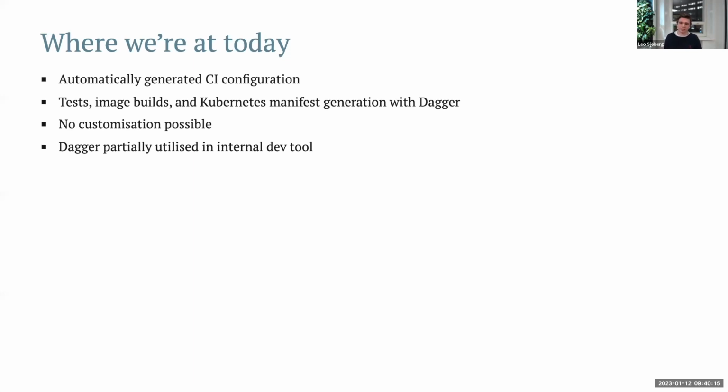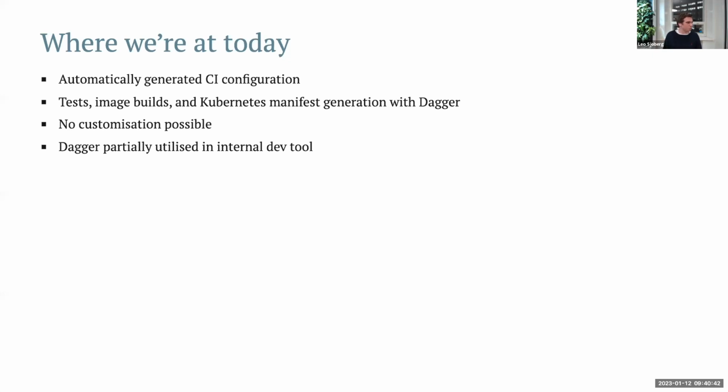And so that is the reason that we still split the work up into multiple GitLab CI jobs. But because we don't want engineers to have to deal with it, we have a piece of regular Go software that just reads through our directories and generates the YAML for us, and then that calls Dagger. So we don't really use GitLab CI other than to actually call Dagger, and then Dagger does the real work.